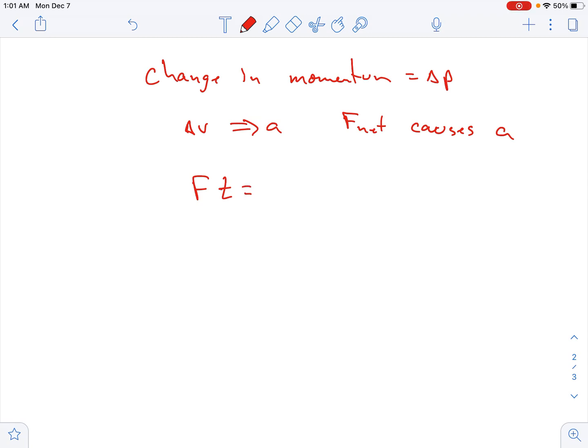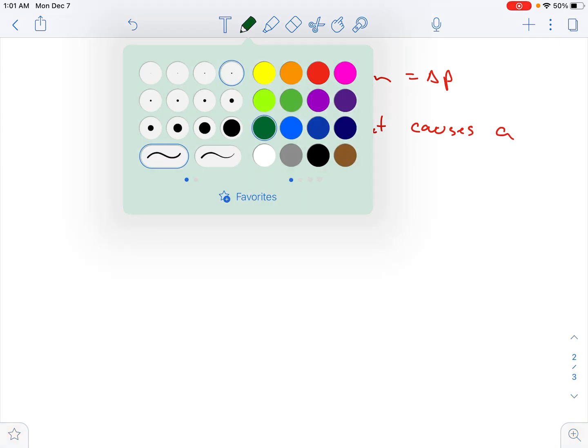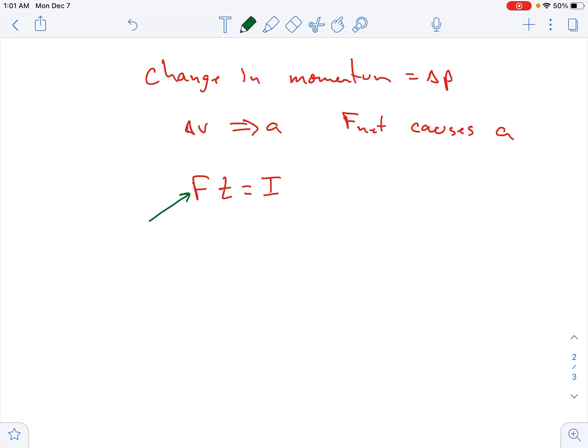This force times time idea is called the impulse, to where F is just the amount of force, T is the amount of time that the force acts for, and I is what we call impulse. Impulse is just change in momentum.